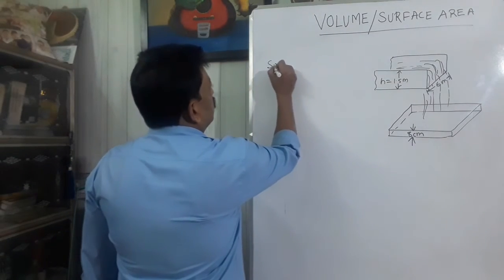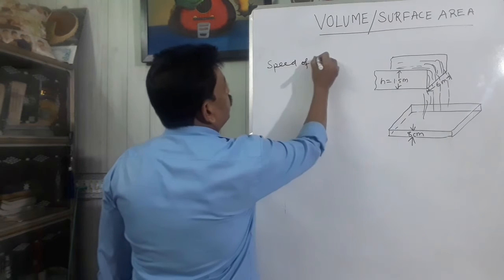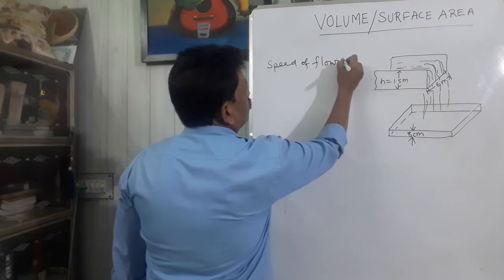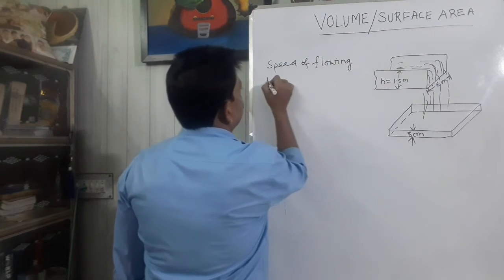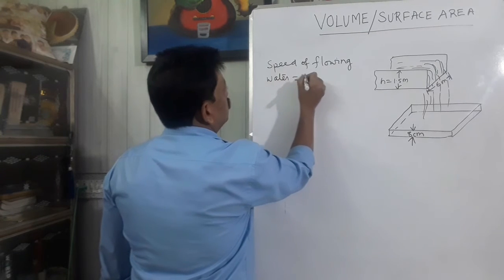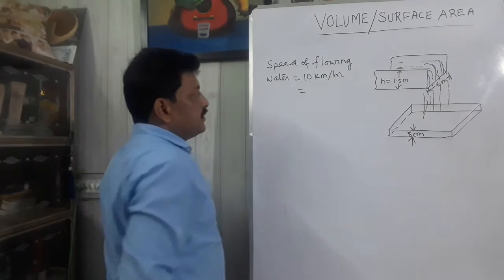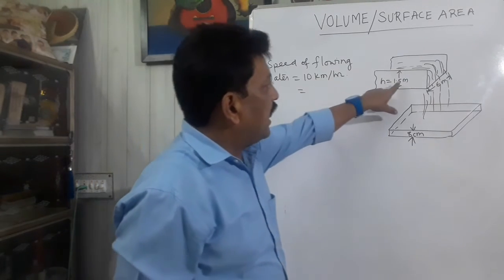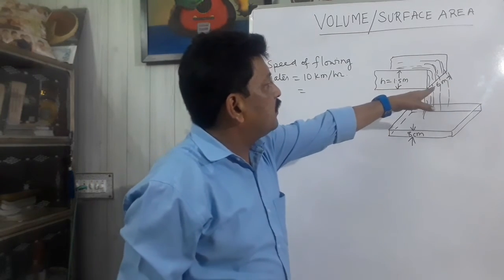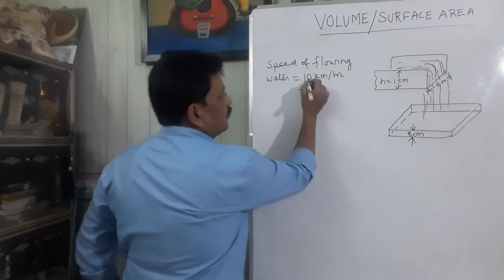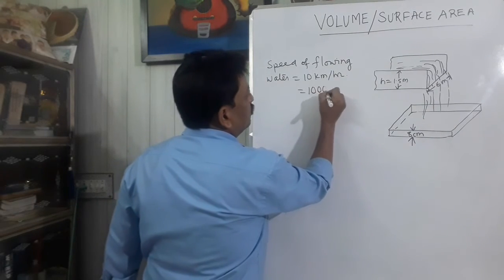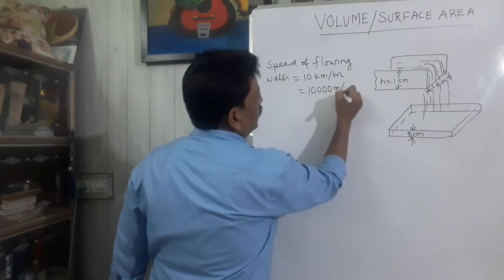So speed of flowing water equals to 10 kilometer per hour. Let me convert this into meter, because height and depth and width are given in terms of meter. So it will be 10,000 meter per hour.